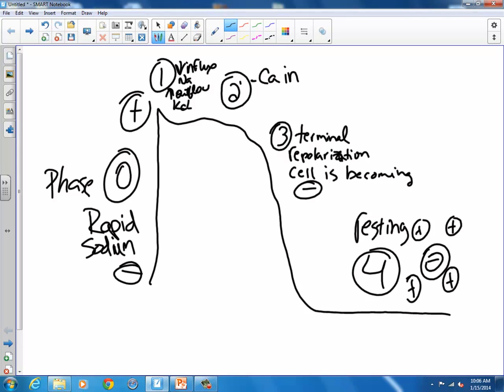Yeah. So, this terminal phase is when you're really going to have the outflux of sodium and the influx, or inflow, of potassium. Does that make sense? Okay. All right. So, did I answer the question? Okay.